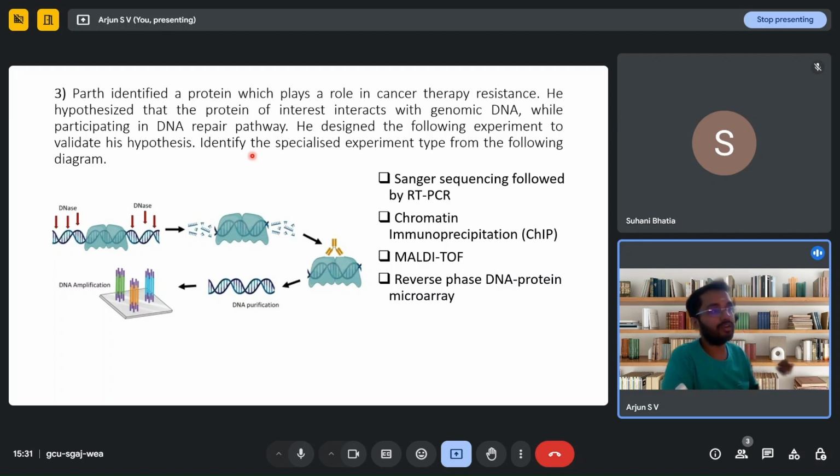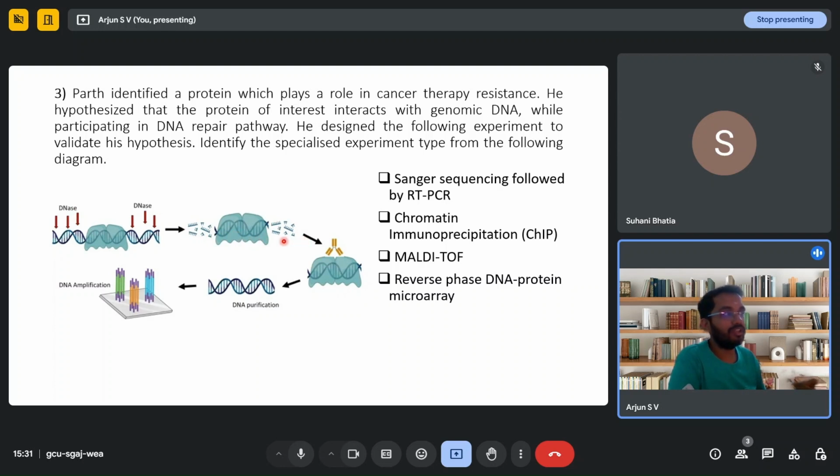So if we look at the diagram, what is happening? We have our gene of interest and we have our protein which Parth identified, and that protein is somehow interacting with DNA, and using DNase which breaks down DNA, the DNA is broken into fragments, but the DNA which is interacting with the protein remains the same.